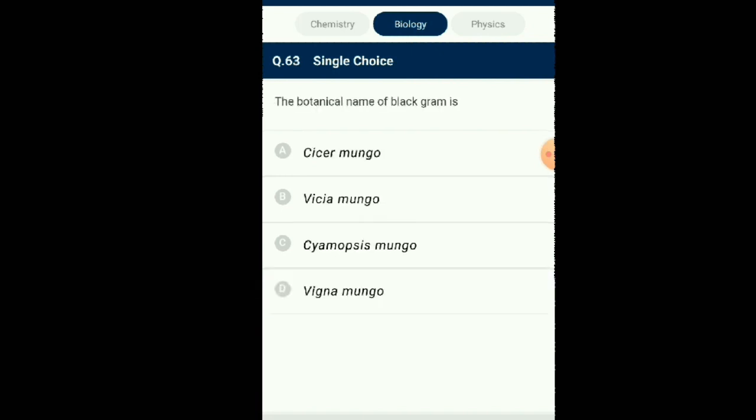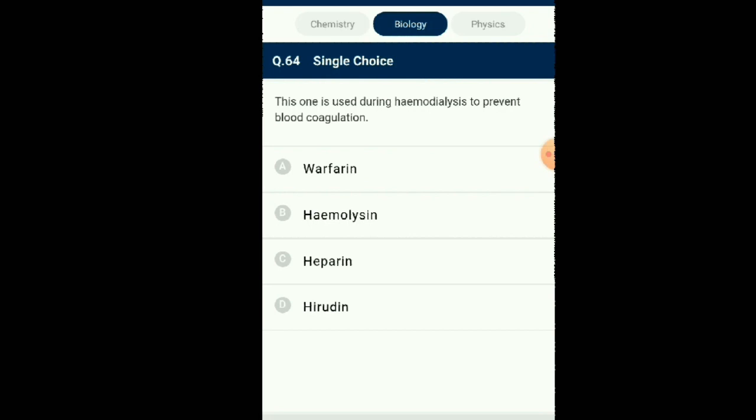Question number 63. Botanical name of black gram is Vigna mungo, with other common names like black gram, woodbine, black mung bean, etc. So the answer for this question is option D, Vigna mungo. Question number 64.